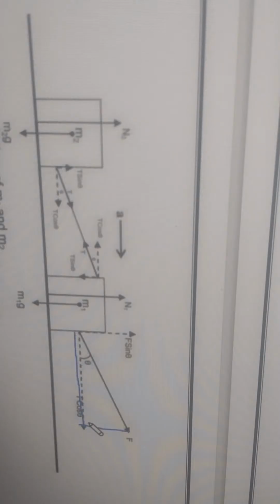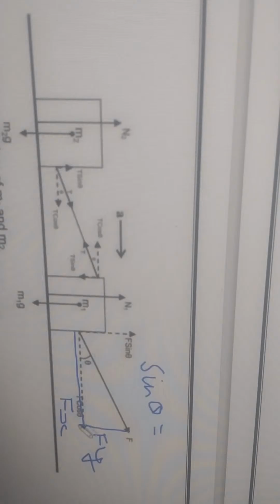This will be the base. So sine theta is equal to p by h. This is p by h. This is p. We consider that F of y, and we consider that F of x.